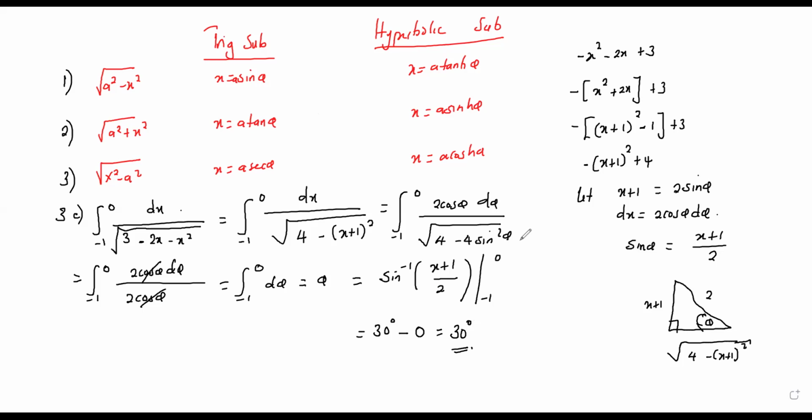Because this was to be written as what? As the root of 4 times 1 minus sine squared theta, is it? Yes, sir. Then the root of 4 is 2. Then 1 minus sine squared theta is cos squared theta. The root of that guy is cos theta.